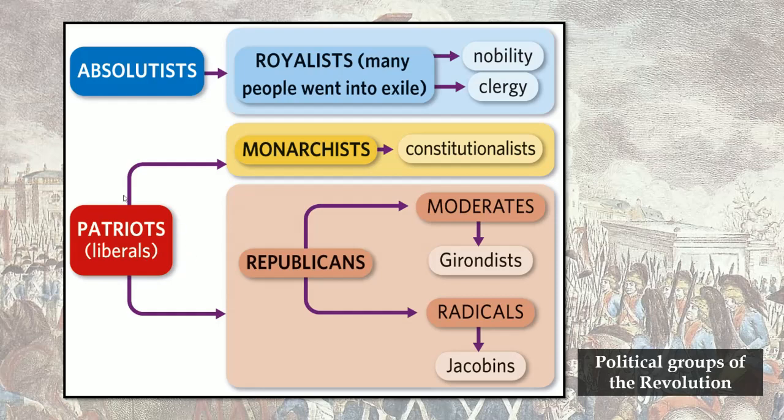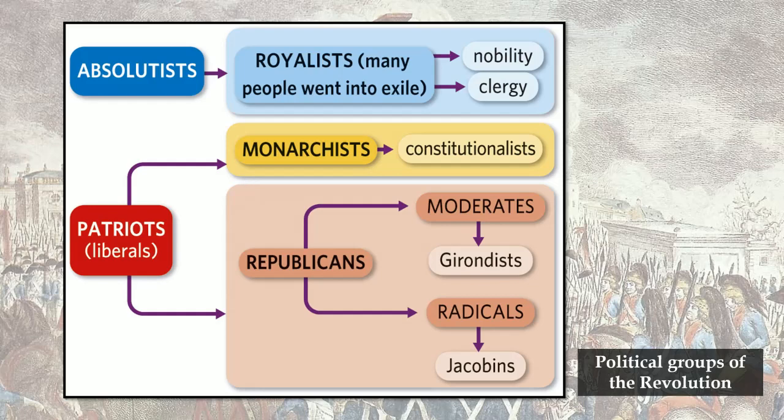Then we have the patriots. The patriots are the liberals, the ones who wanted some reforms. First, with the National Assembly and the 1791 Constitution, the monarchists were in power, while the king was in charge of the executive power.